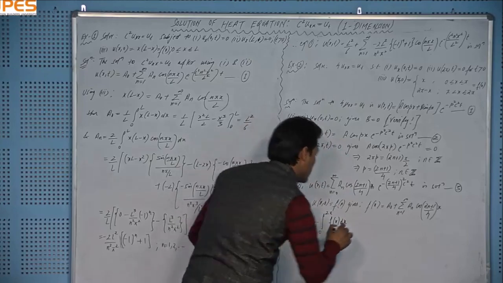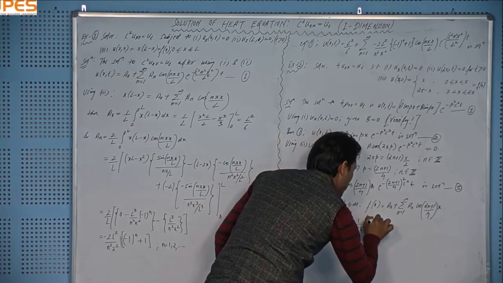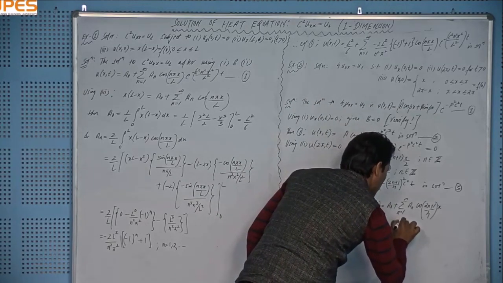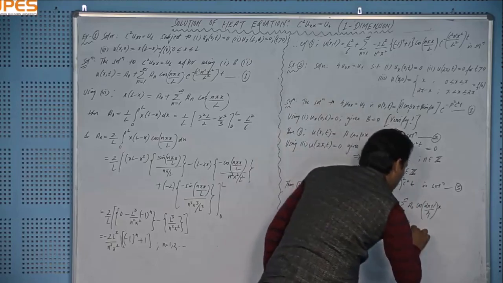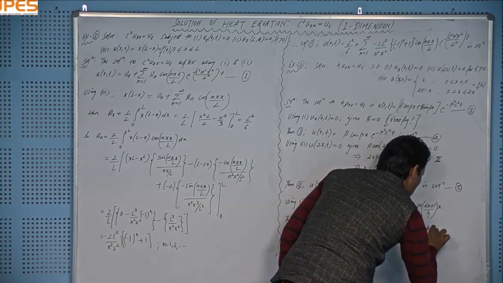I should split this: 1 over 2 pi, first from 0 to pi, where f(x) is x, x dx, plus then from pi to 2 pi, where I have 2 pi minus x, (2 pi minus x) dx.